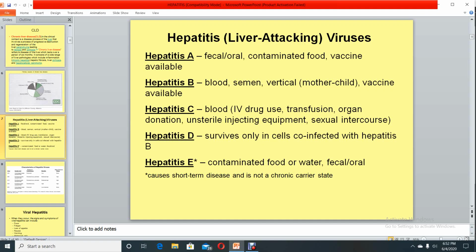The route of infection is from blood or semen, or vertical, that is in pregnancy. Vaccines are available. In hepatitis C, again the same as B, but here only one thing is important: because of the mutation of hepatitis C, the vaccination is still not successful.